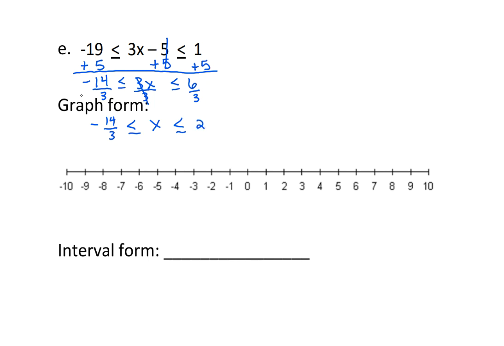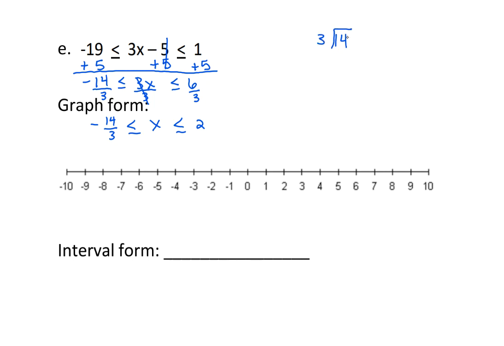Now, trying to graph an improper fraction on a number line is difficult to do. Do you know where negative 14 over 3 is? Probably not. So let's change it to a mixed number. If you'll remember, the way that we change an improper fraction to a mixed number is to take the numerator and divide it by the denominator.